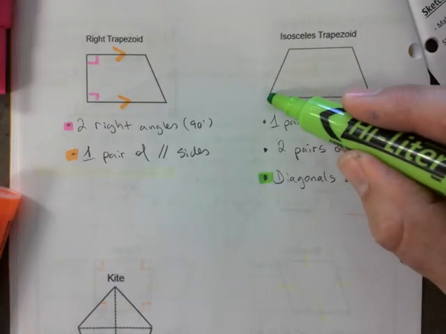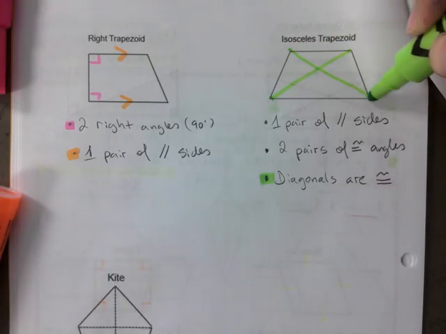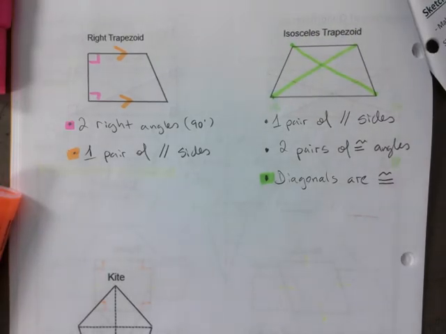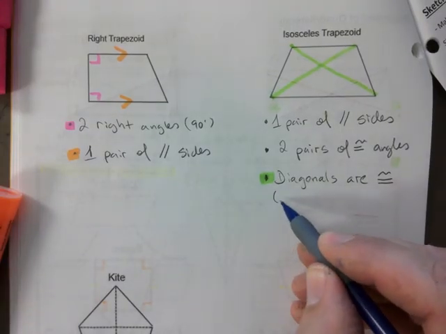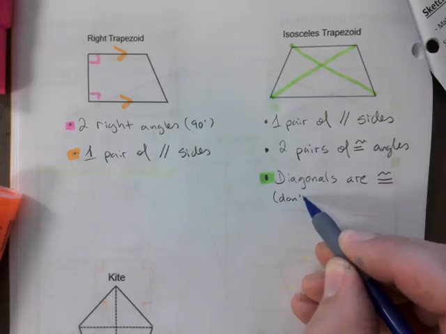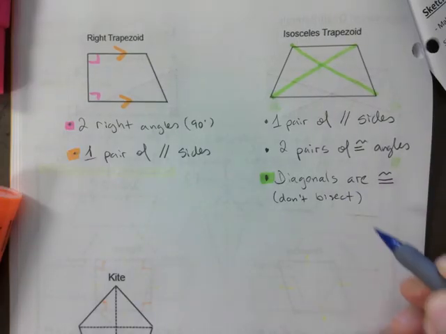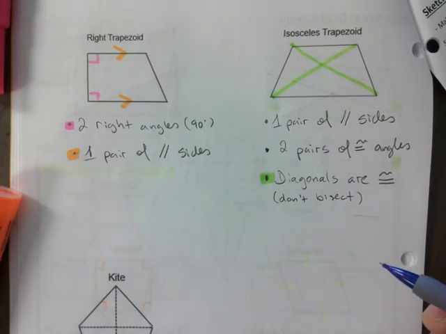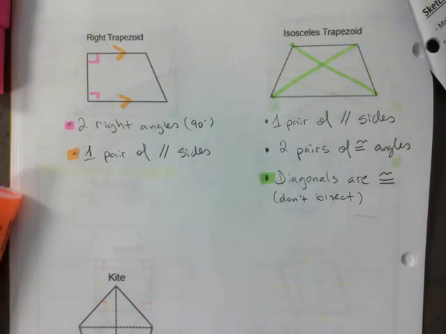So I'm just letting you know that this and that is the same in length. Make a note though, they don't bisect.